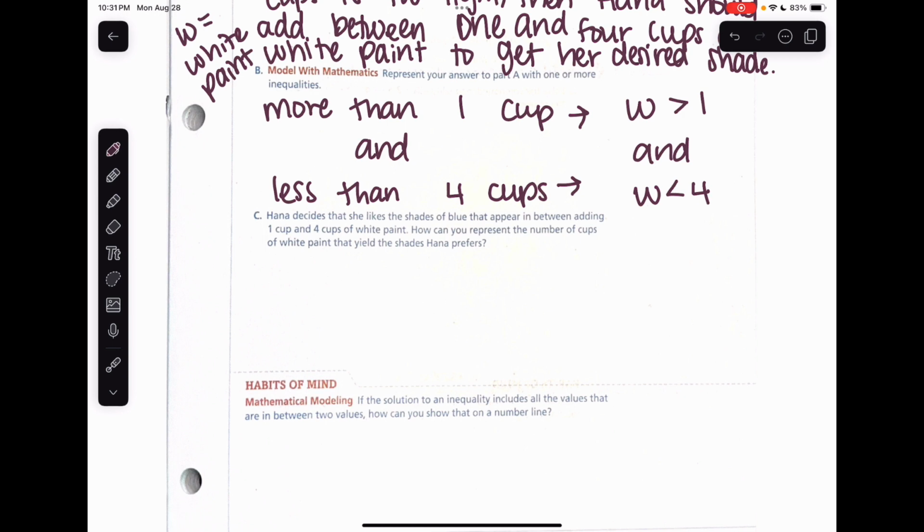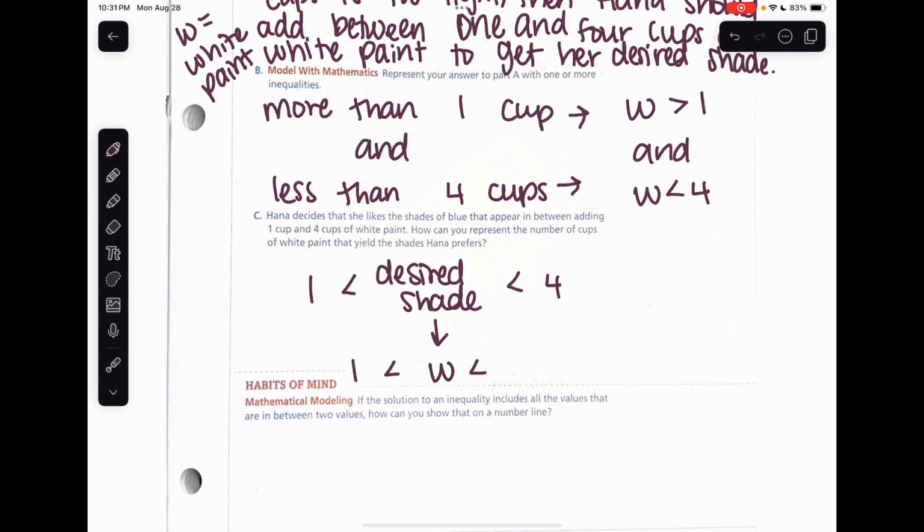So what we have is that Hannah's desired shade lies between 1 and 4. Okay, so we know to get her desired shade, she's adding in these cups of white paint. And remember, up here, we said that white paint is W. Yes, that's how she's getting her desired shade. So we're going to have W being between 1 and 4.